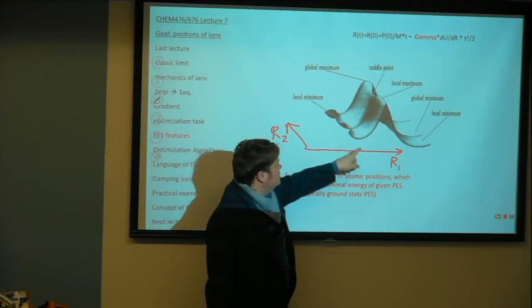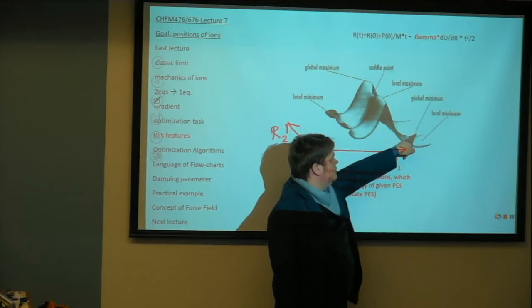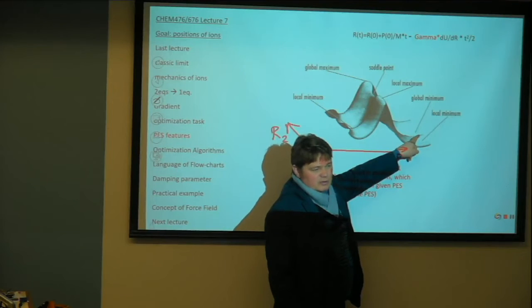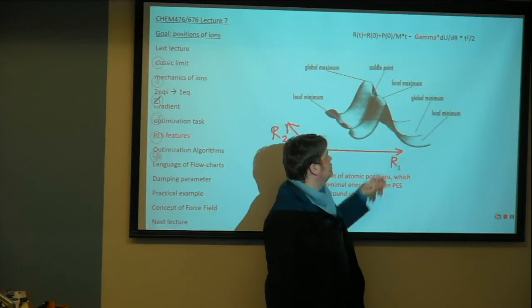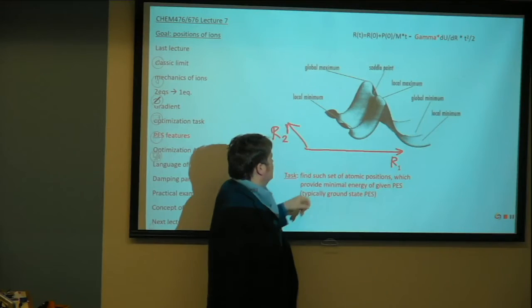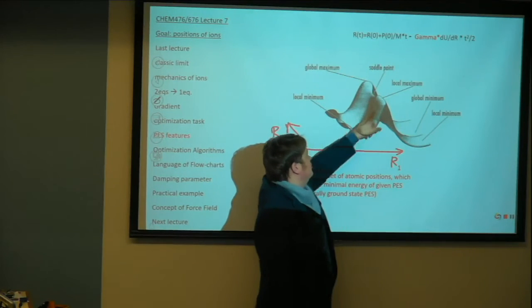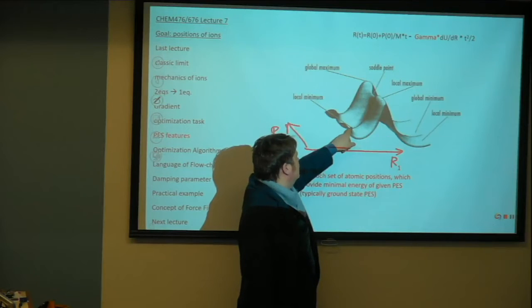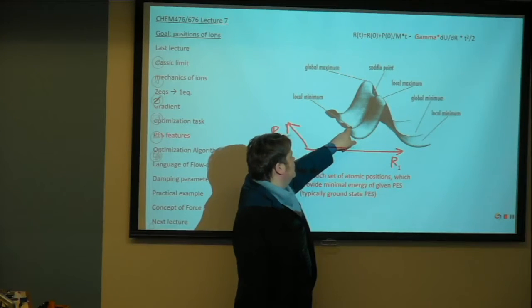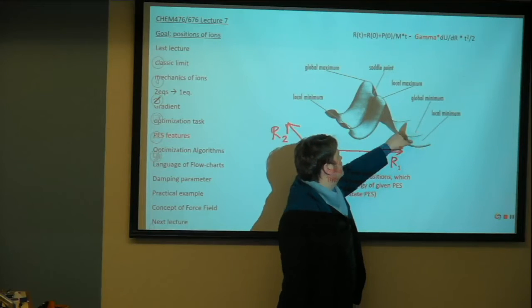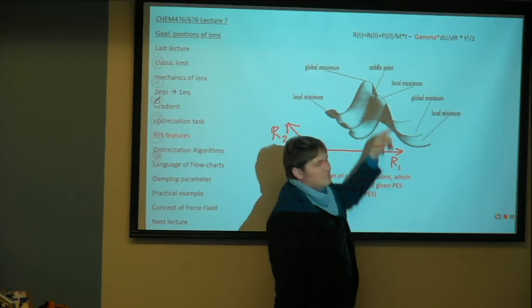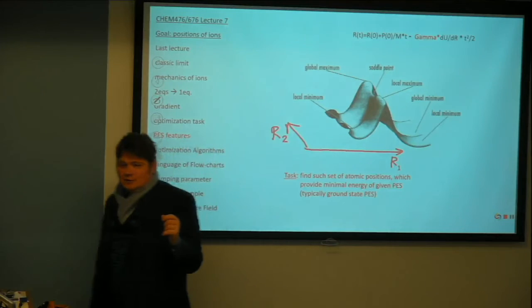The lowest possible point is a local minimum that we want to find, but there could be several local minima, and there could be maxima and saddle points. In chemistry language, one can call the local minimum reactant, global minimum product, and saddle point transition state, right?